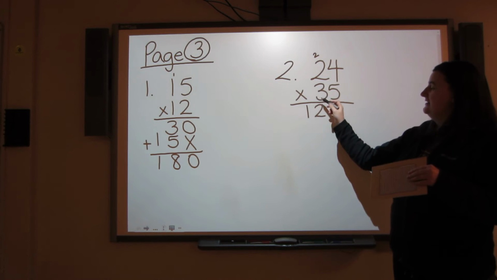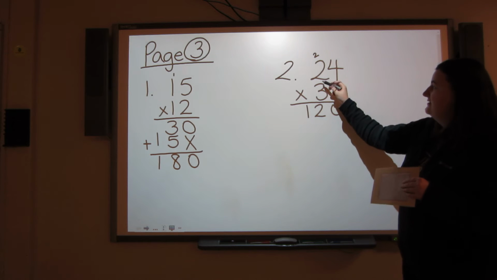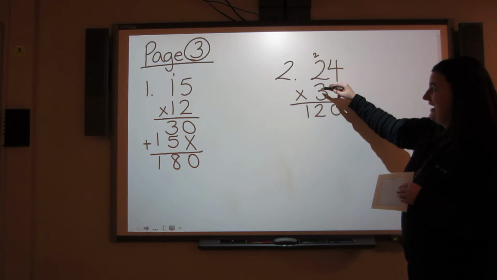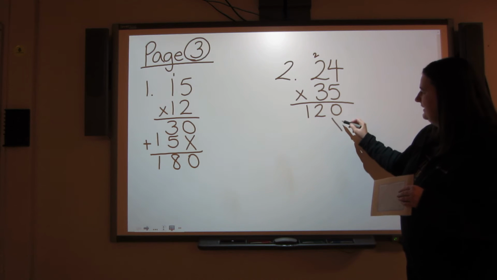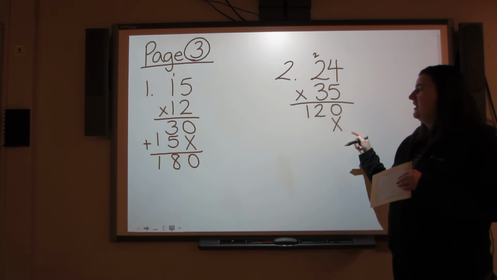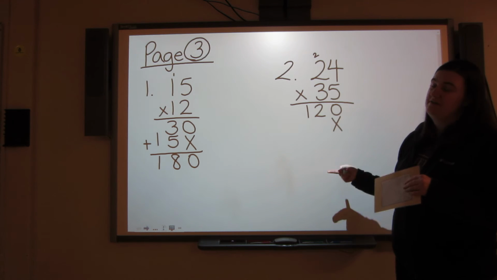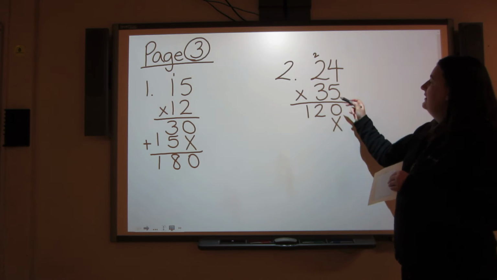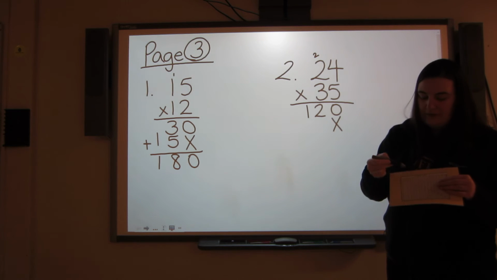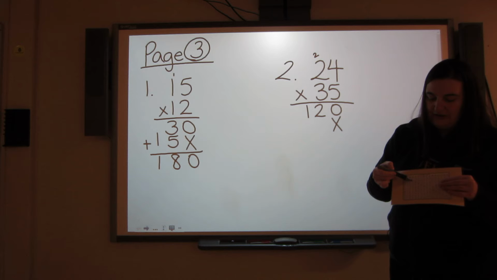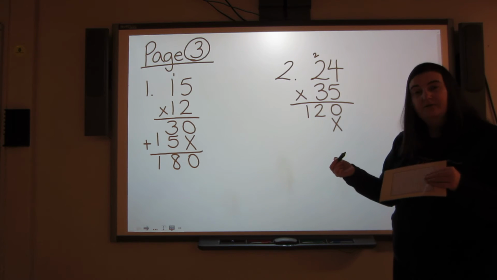Now it's time for my second line of answers. And so that line of answers has to start under the 3. I put an X in the first spot because my answer cannot start there. It must start under the 3. 3 times 4, if you look down your 3s till you get to 4, you'll see that 3 times 4 is 12.